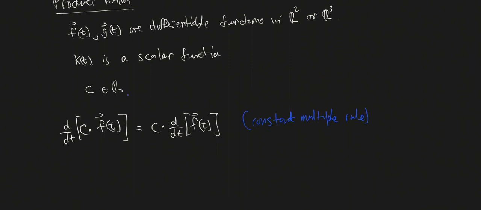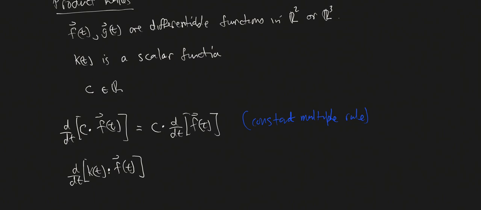The other type of product is where you could take a scalar function and multiply one of our vector functions. So you could take k of t and multiply, let's say again, just f of t. I'm not picking on f. We could do it with g, but for these I only need one of the two vector functions. Now here, this is no longer a scalar constant, but it turns out our product rule works.